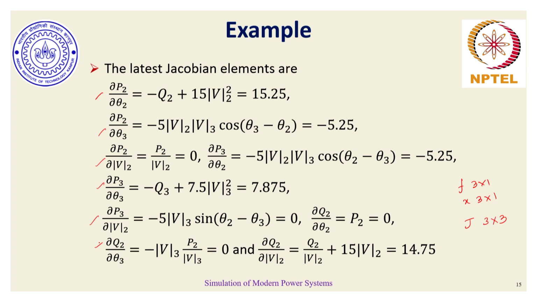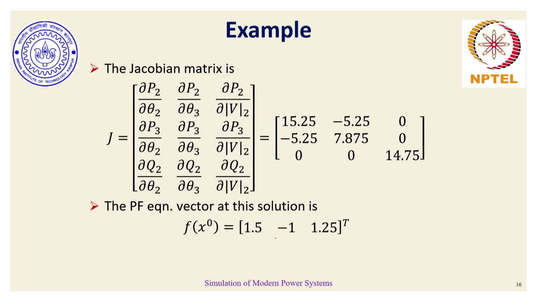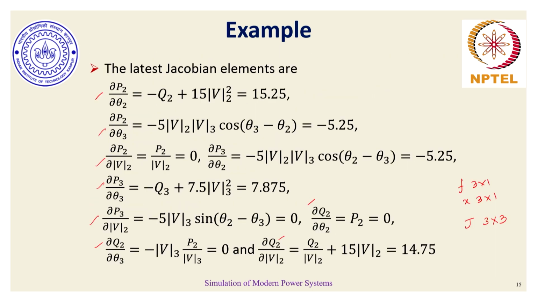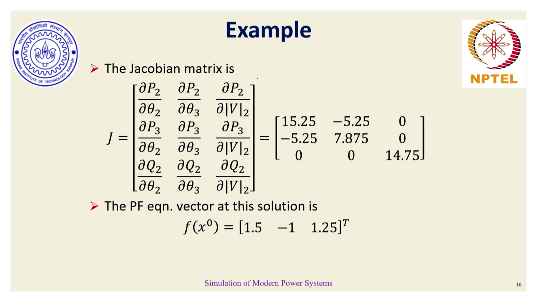Please verify them. The other elements are also mentioned here. Yes, so all 9 elements are written over here. We evaluate these elements, arrange them in the Jacobian form, and get this Jacobian matrix value, which is 3 cross 3. f of x is known.